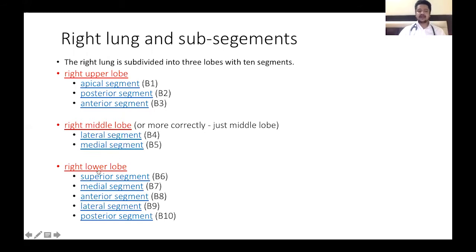And in the right lower lobe, we have five segments: superior, medial basal, anterior basal, lateral basal, and posterior basal. So the right upper lobe has three segments, the right middle lobe has two segments, and the right lower lobe, the largest lobe, has five segments.